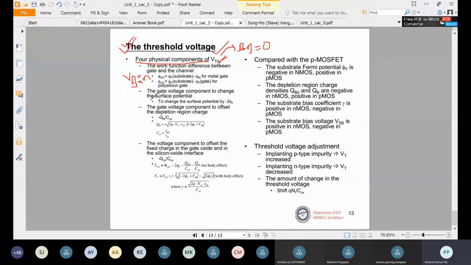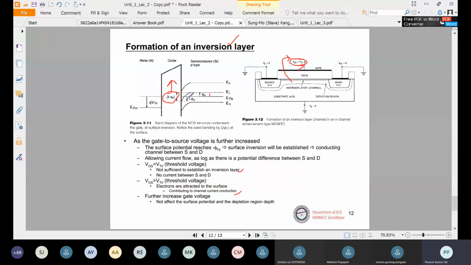The next component is the gate voltage component that changes the surface potential. If we change the surface potential, inversion takes place. In the previous class we saw that if the surface is inverted, the energy band diagram is represented such that the intrinsic energy level moves down towards the Fermi level. This is the Fermi level, and the intrinsic energy band level has to come below the Fermi level.